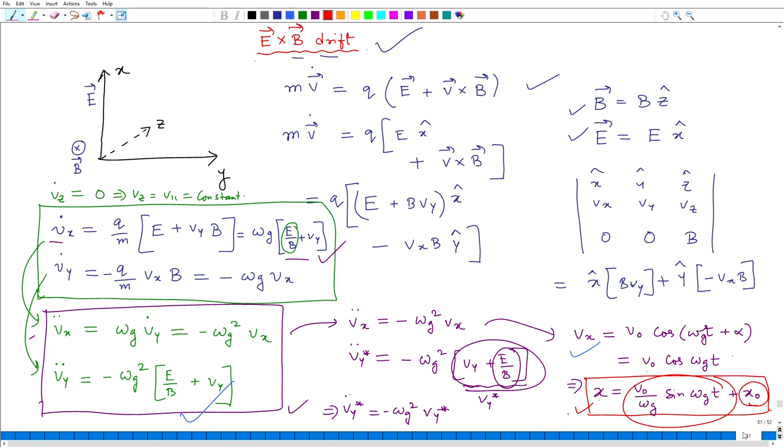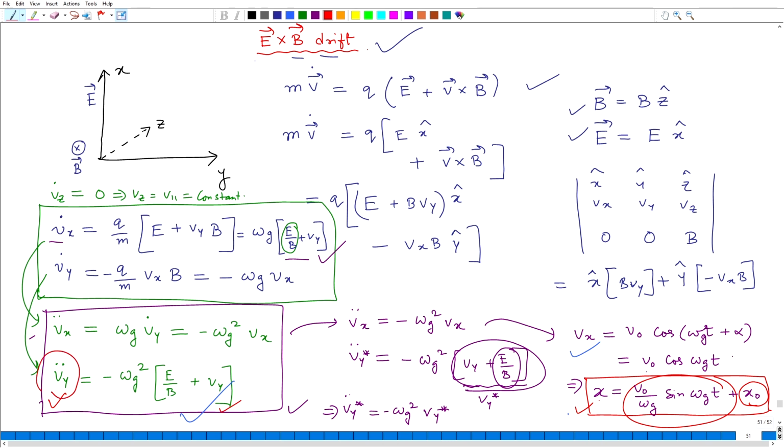This E cross B drift gives a drift velocity which is proportional to E cross B divided by B square, and that is exactly what I want to show you.